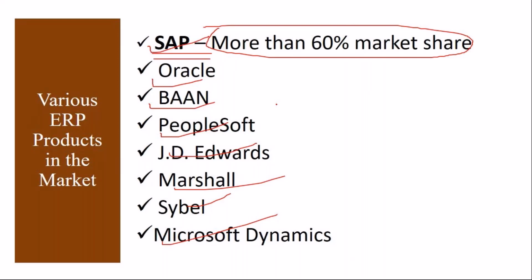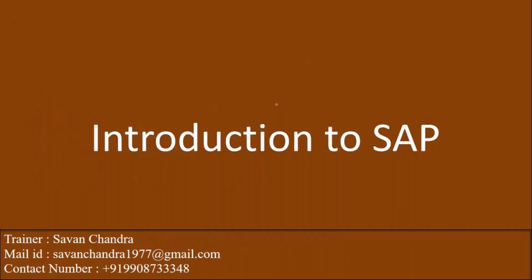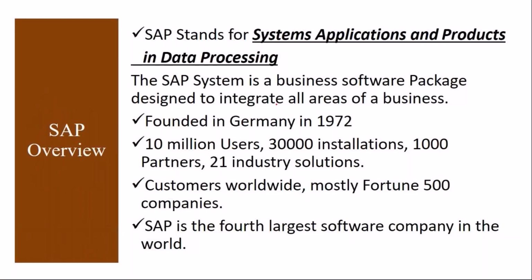Okay, so now we will start with the introduction to SAP, where we will understand what SAP is. The full form of SAP is Systems, Applications, and Products in Data Processing.